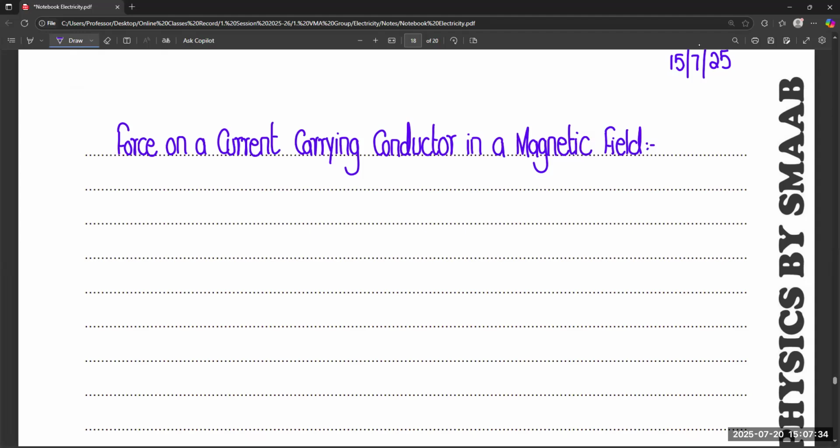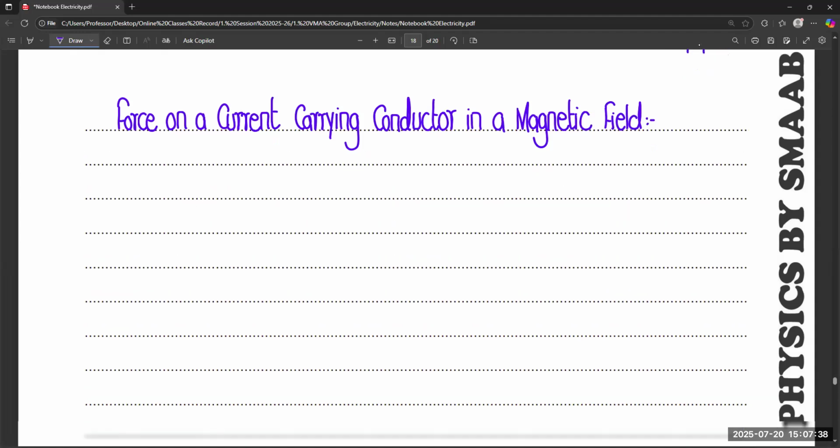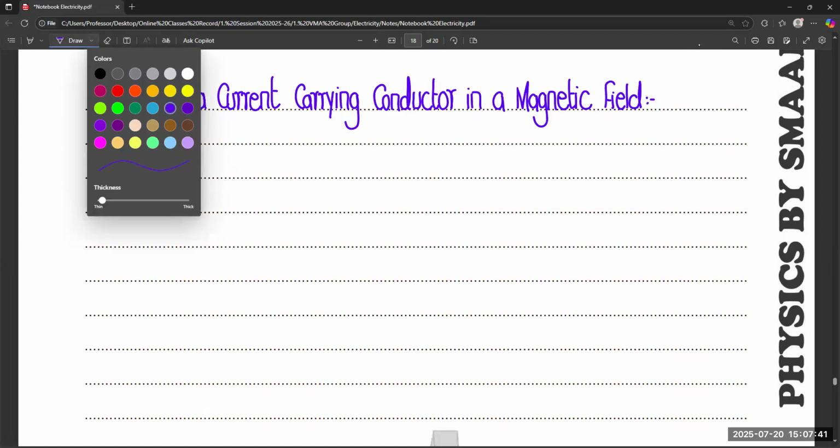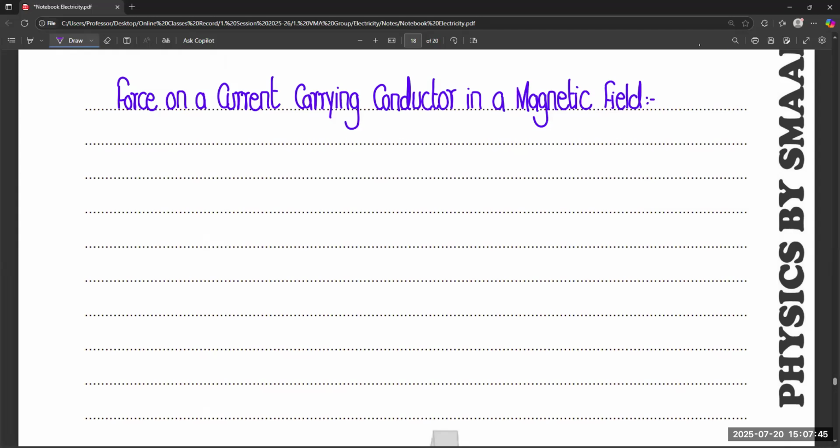So this is the topic. So before writing down, if we consider a magnetic field, for example, we have magnetic poles.